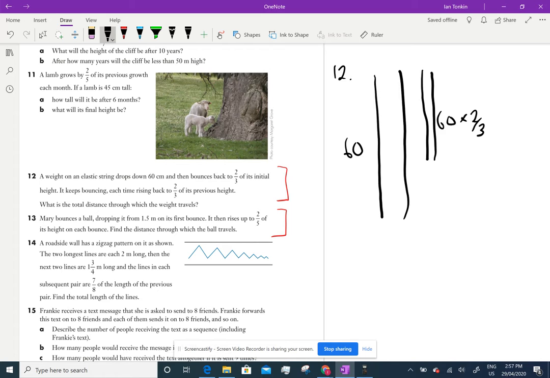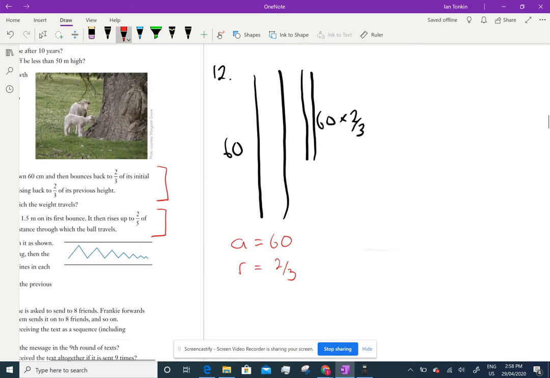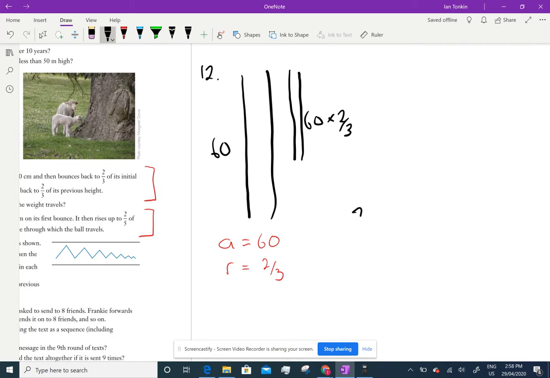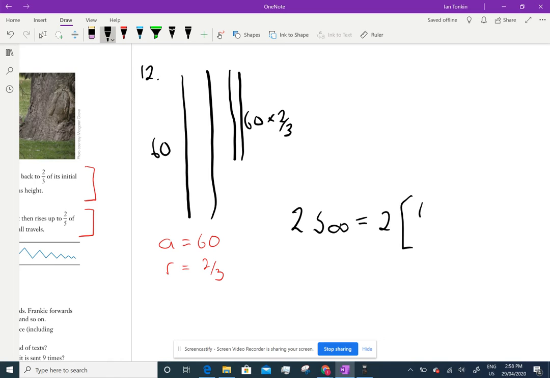So I can work out what that is, but I don't necessarily need it. So my A is 60 and my R is 2/3. But every time it goes down and comes back up, I've got double the distance. So rather than work out 120 and all that sort of stuff, I'm just going to find 2 S of infinity, which is 2a, 60 on 1 minus 2/3.